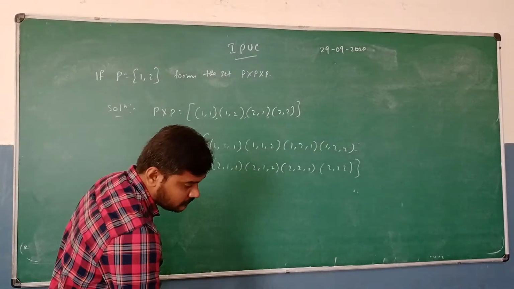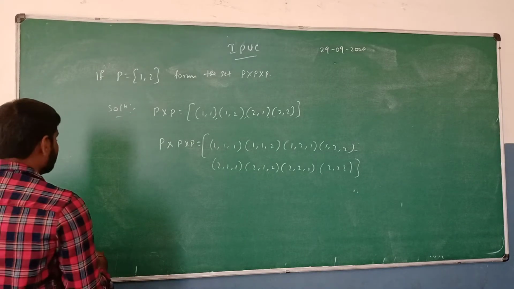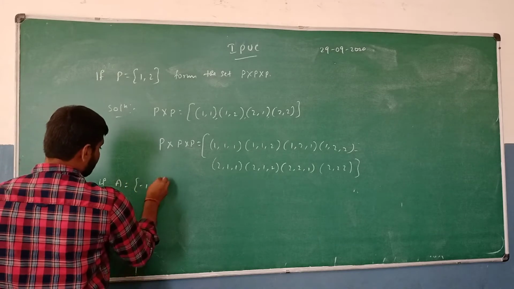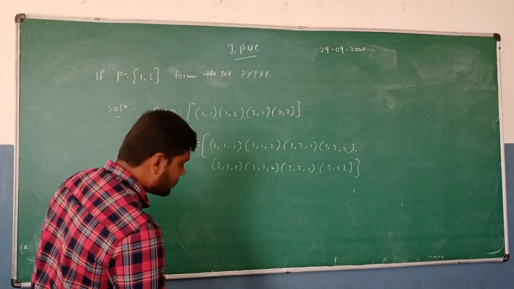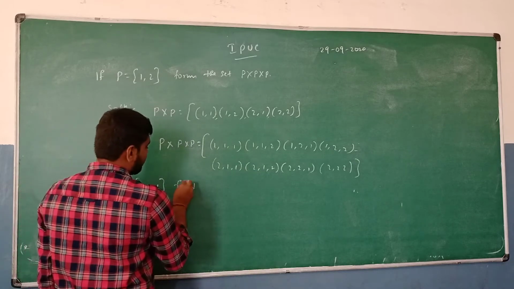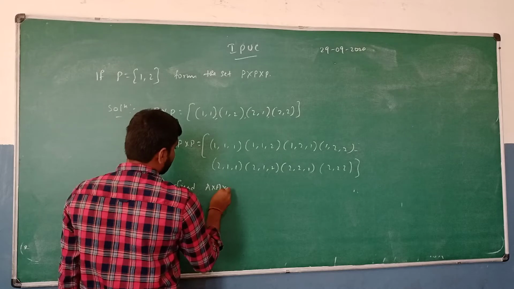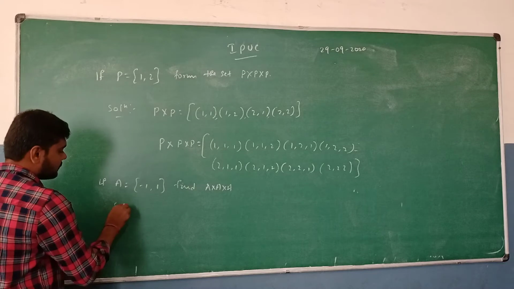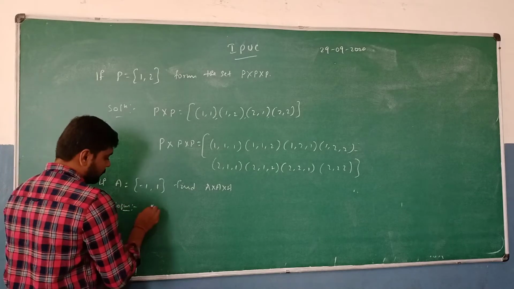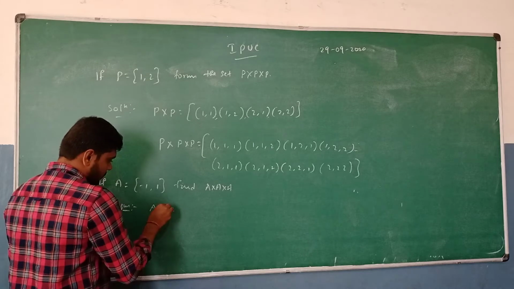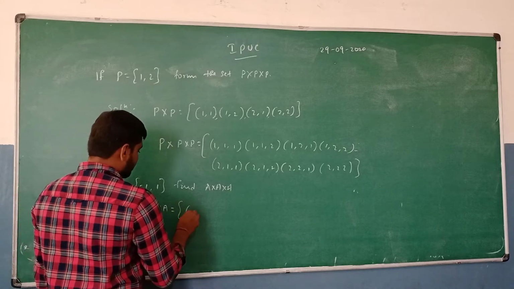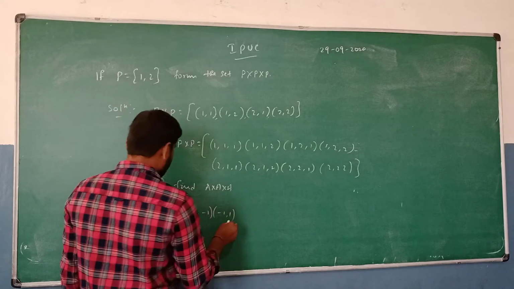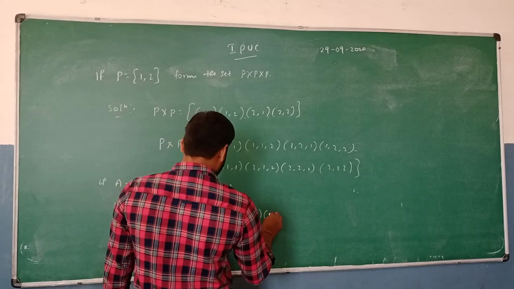Now the second question, which is again similar to this one. If A is equal to {-1, 1}, we need to find A cross A cross A. The solution: first we need to find A cross A. That's going to be (-1, -1), (-1, 1), (1, -1), (1, 1).